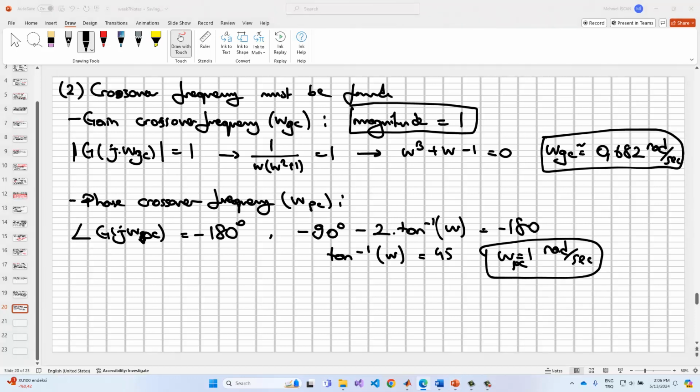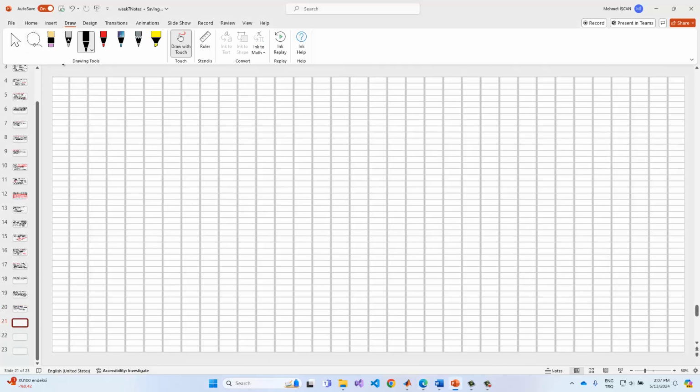So how can we calculate the margins here with these concepts? Just remember that this is the PC, this is the GC: gain crossover and phase crossover. And so the margins are, first, the gain margin. The magnitude of G(jωPC) at the phase crossover frequency is utilized to calculate the gain margin.